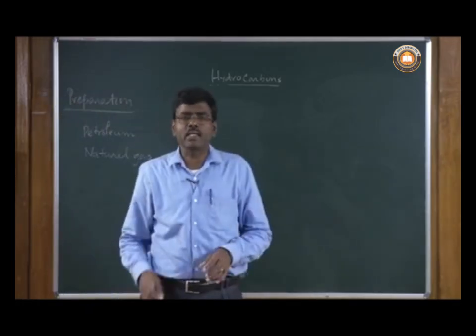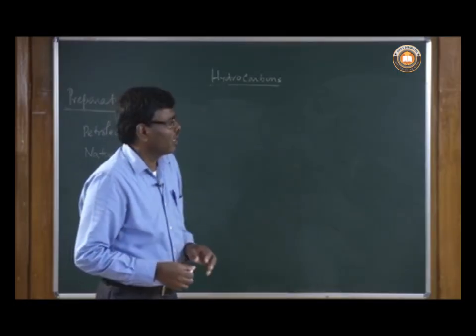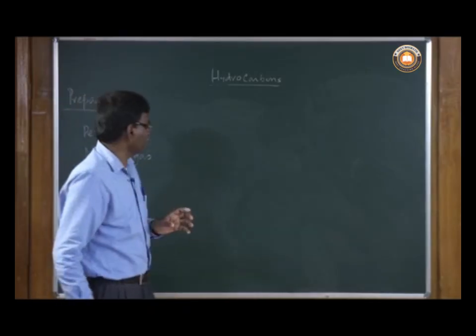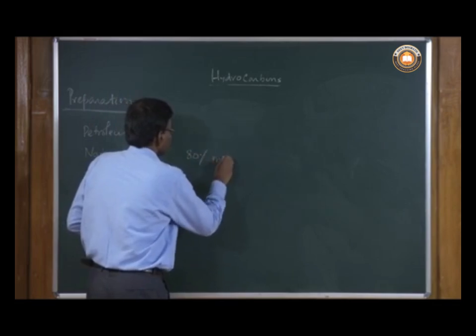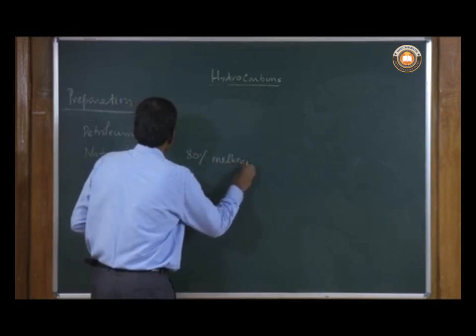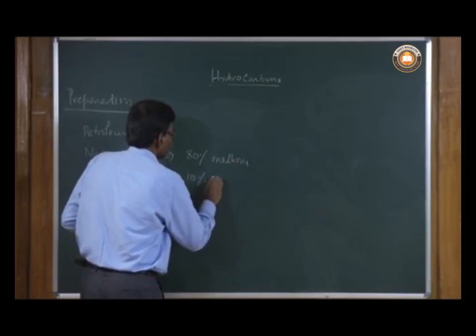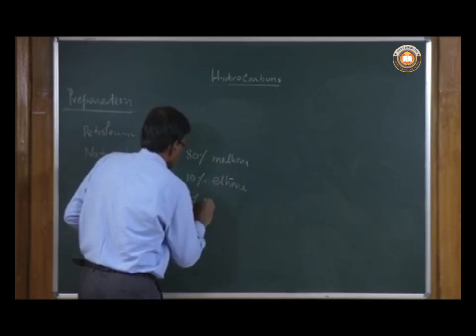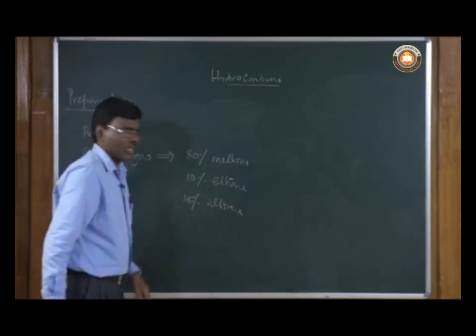Petroleum and natural gas are the main sources of hydrocarbons. Natural gas contains 80% methane, 10% ethane, and 10% higher alkanes, propane, butane, and so on.